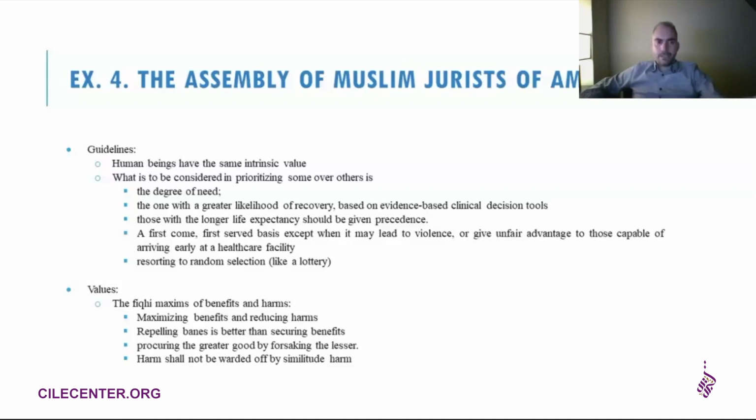So the values that they followed are based on the fiqhi maxims of benefits and harms, which include the following four rules. Number one is maximizing benefits and reducing harms. Number two is repelling harms is better than securing benefits.